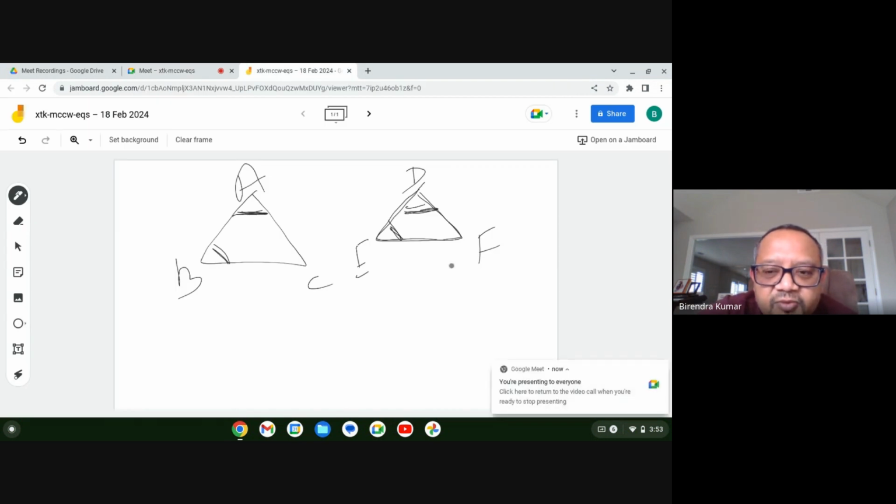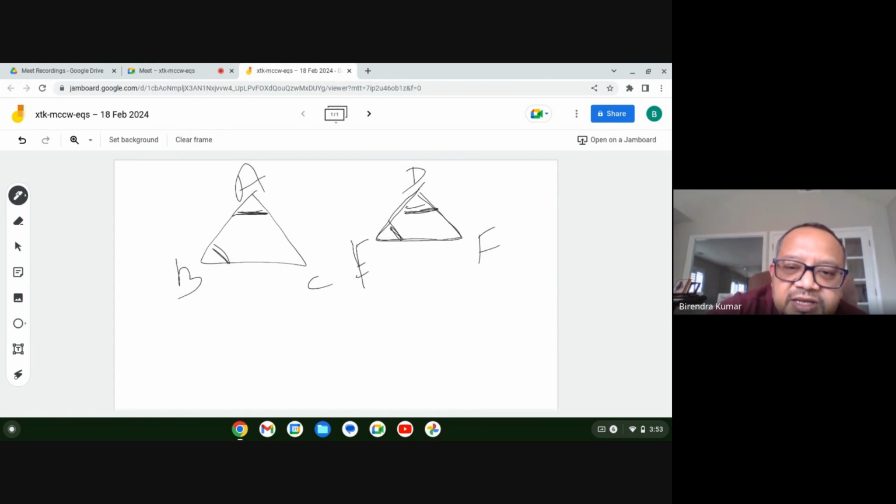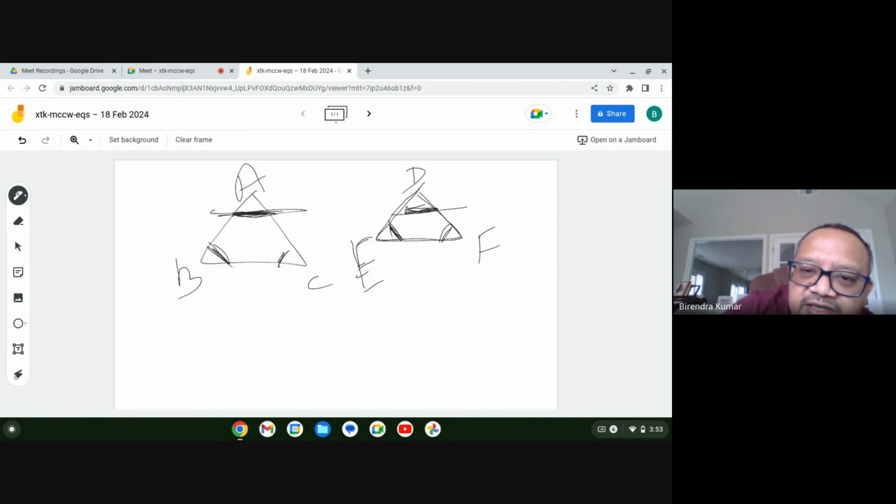So what I was explaining to Arna was that when you're dealing with two similar triangles, ABC and DEF, obviously this angle is matching with this angle, and this angle is matching with this angle. That is why these two are similar triangles. So the property of similar triangles says, let's say this angle and this angle are the same, then the ratio of the corresponding opposite sides will be the same.